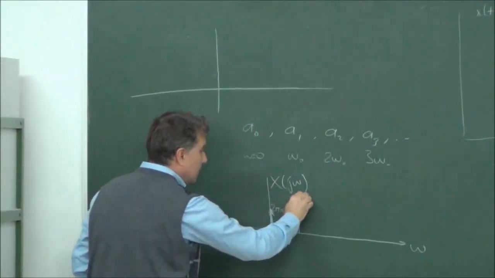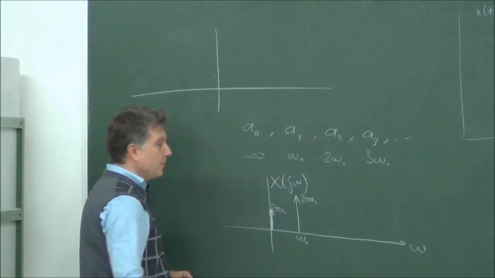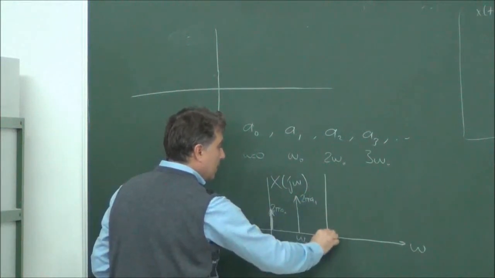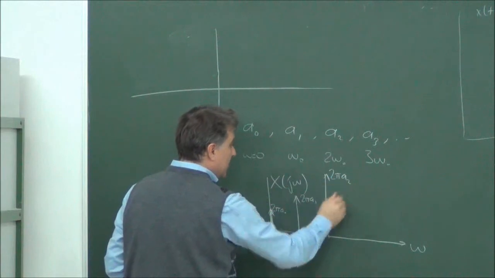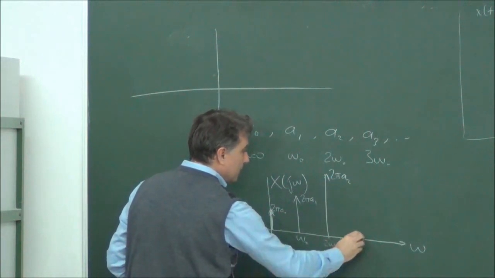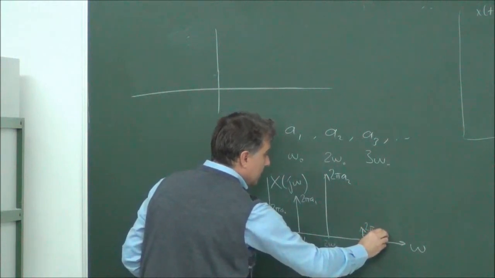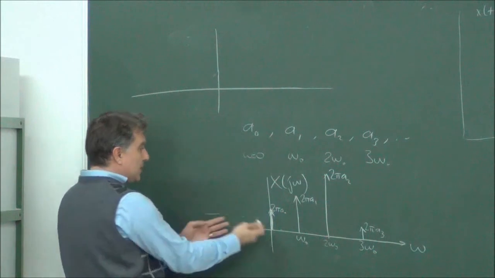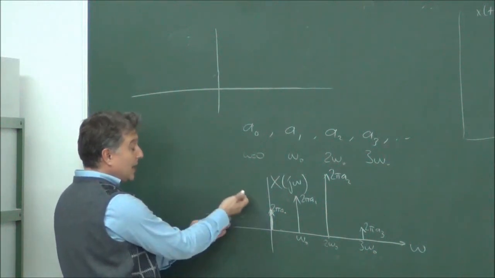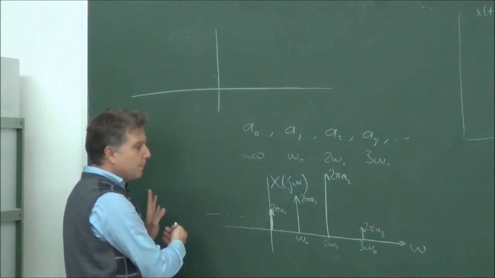And then this is 2 pi a1 at omega 0, 2 pi a2 at 2 omega 0, 2 pi times a3 at 3 omega 0, etc. It also appears for a minus 1, a minus 2, etc. They are also valid for them.